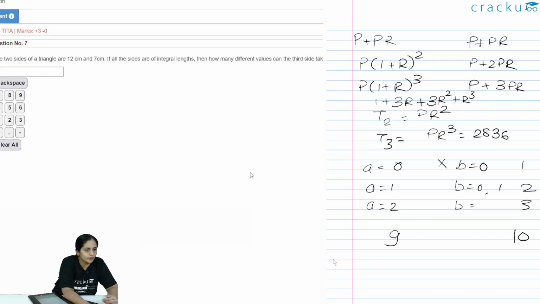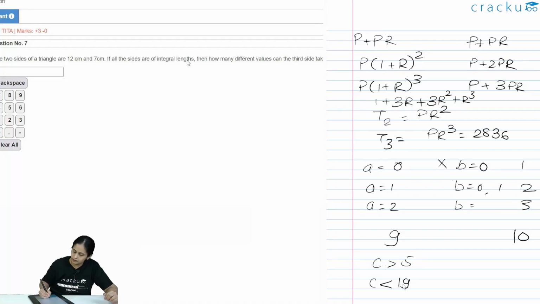Two sides of a triangle are 12 centimeter and 7 centimeter. So the third side C has to be greater than 5 and C has to be less than 19, right? Less than the sum. So basically this can go from 6 to 18.